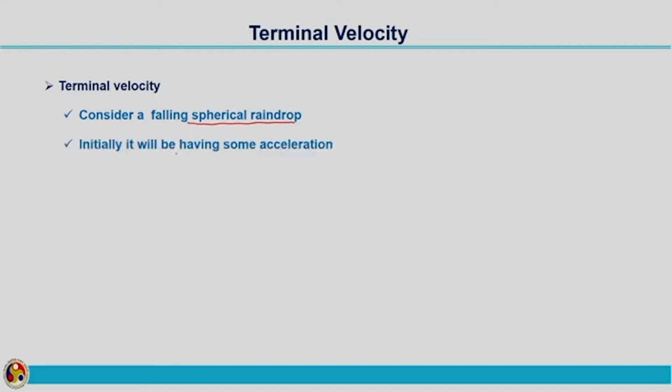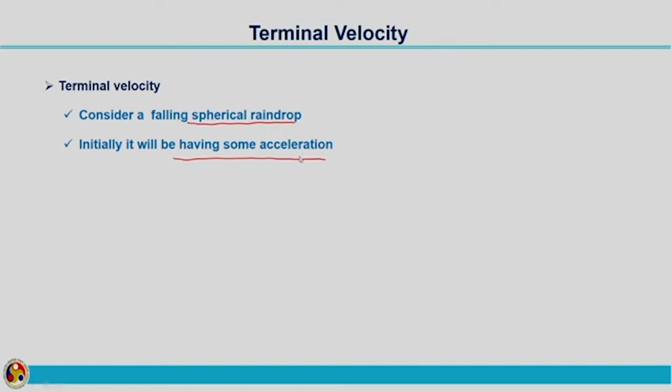Terminal velocity. What is meant by terminal velocity? Consider a spherical raindrop. Actually, these raindrops will not be spherical. It is our assumption that let it be spherical in shape. Initially, it will be having some acceleration.